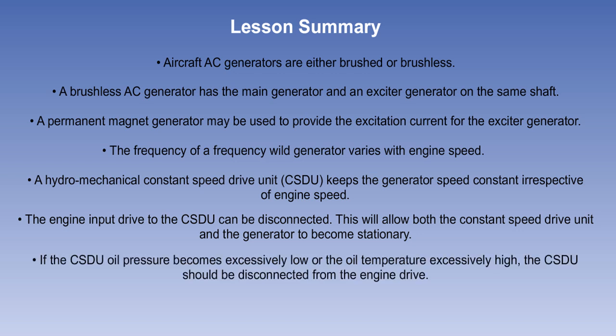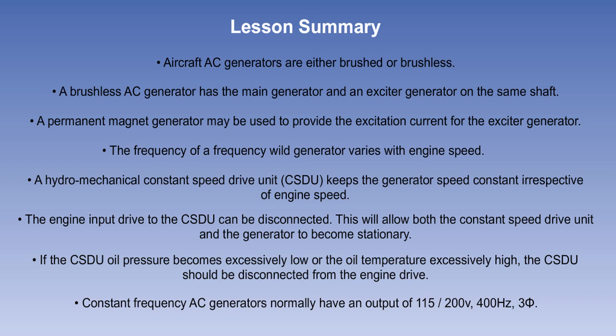If the CSDU oil pressure becomes excessively low, or the oil temperature excessively high, the CSDU should be disconnected from the engine drive. Constant frequency AC generators normally have an output of 115/200 volts, 400 Hz, 3-phase.